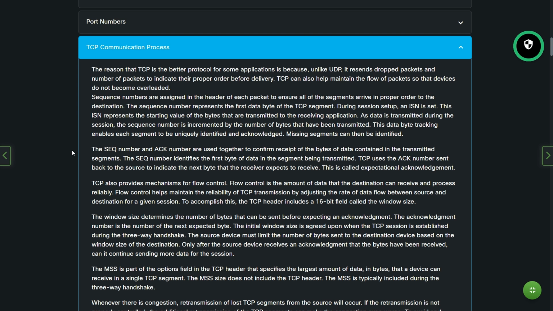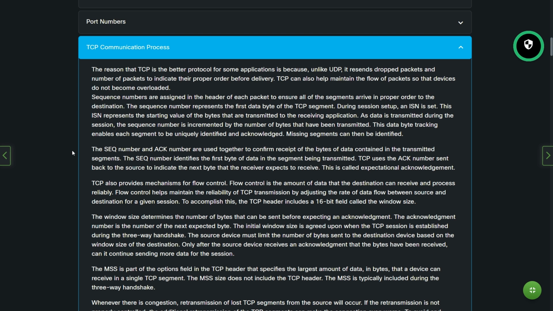Sequence numbers are assigned in the header of each packet to ensure all the segments arrive in proper order at the destination. The sequence number represents the first data byte of the TCP segment. During session setup, an ISN is set. This ISN represents the starting value of the bytes that are transmitted to the receiving application.